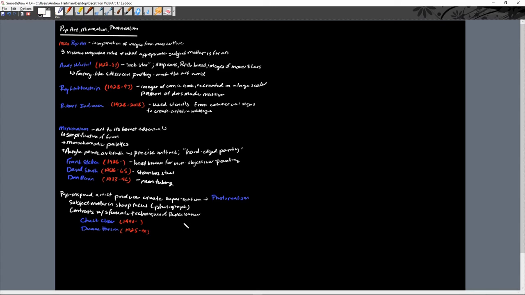Chuck Close creates portraits, and Duane Hanson creates sculptures of ordinary people. And they talk about them both harkening back to the first realist group led by Gustave Courbet, who, if you recall, made The Stonebreakers.